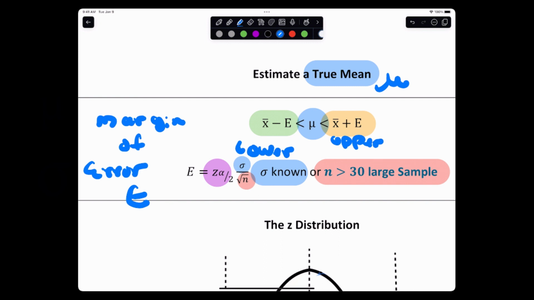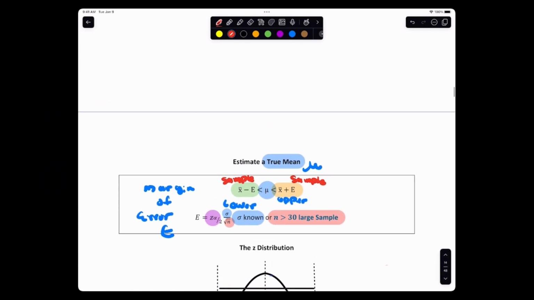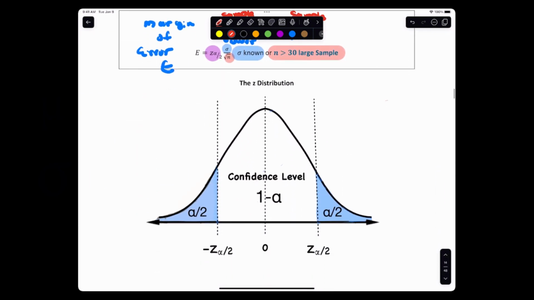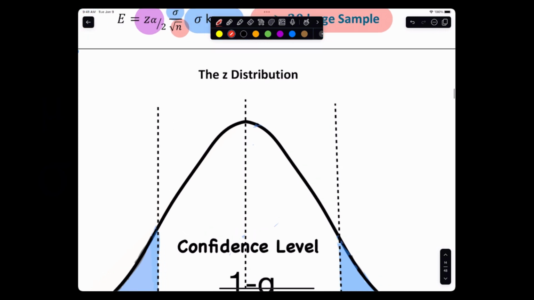All right. Now, the stuff on the left really comes from a sample. The lower value and the upper value both come from samples. So what we're going to simply do is read the questions, get your sample information, and then compute this interval estimate on the true mean. Okay? And this is based on what's known as the Z distribution.